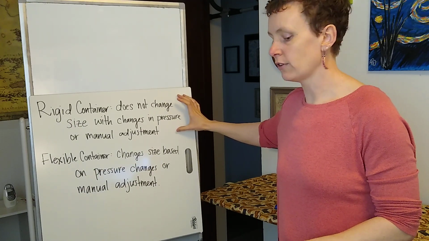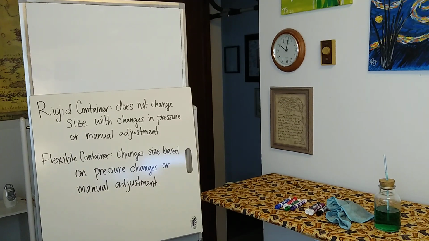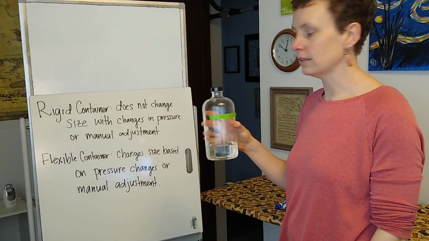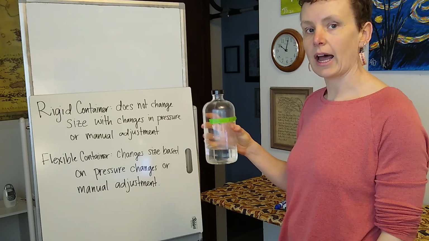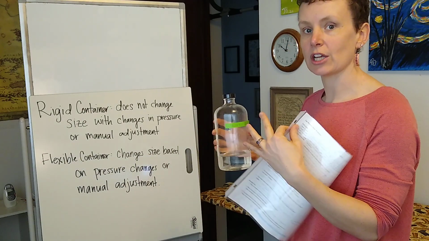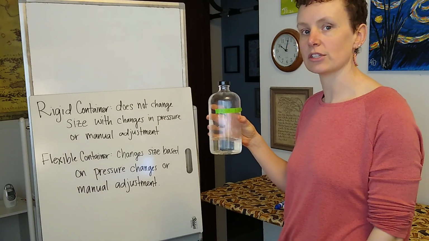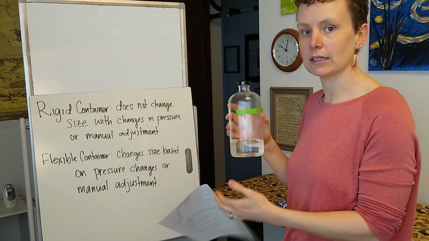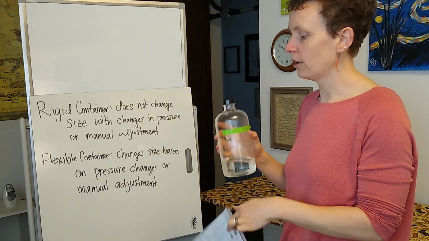Okay, so if I have a glass bottle with a lid on top, a hard lid, this is not going to change size. If there's a pressure buildup inside or if there's a pressure change on the outside, this is not going to change size. I cannot change size manually either, so I can't manipulate its size. It's a rigid container.